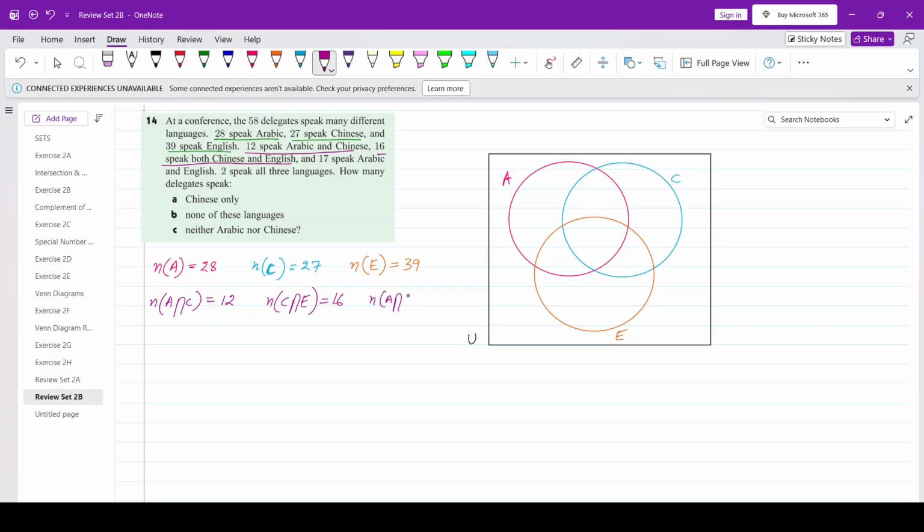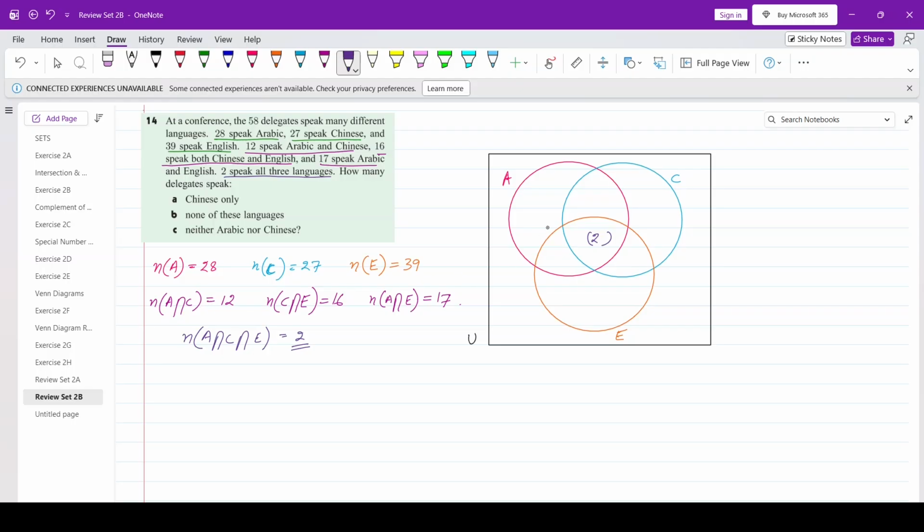Arabic intersection English is 17. 2 speak all the 3 languages. Therefore, the number of elements in A intersection C intersection E is 2. Now we know this region is going to be 2.